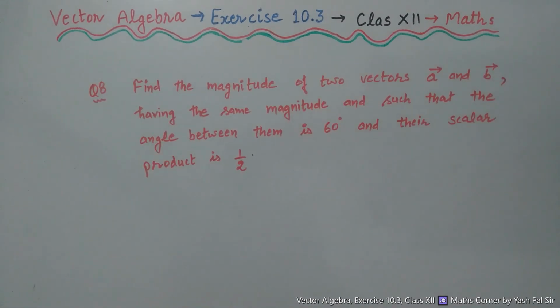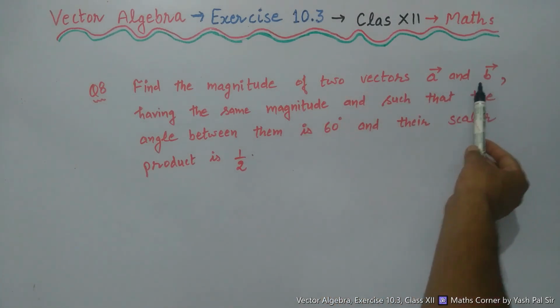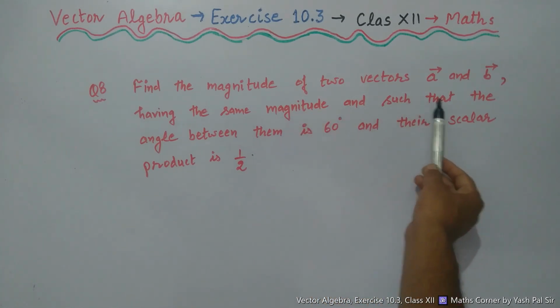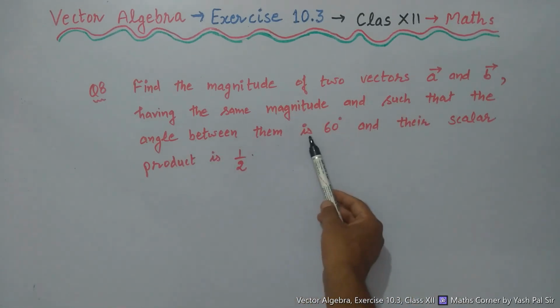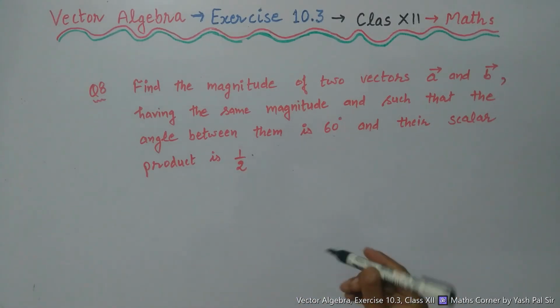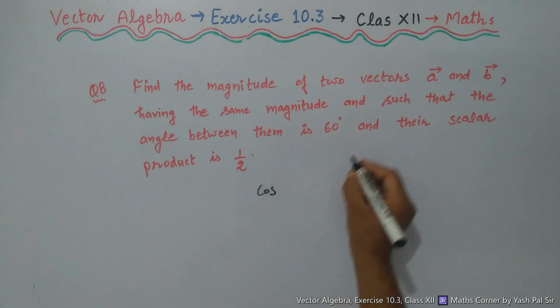Our next question, question number 8, is: find the magnitude of two vectors, vector A and vector B, having the same magnitude and such that the angle between them is 60 degree and their scalar product is 1 upon 2. So how to find the angle? Let theta be the angle between them.